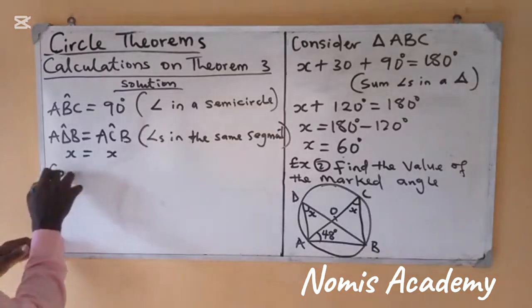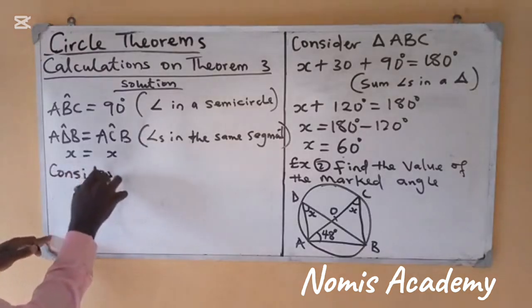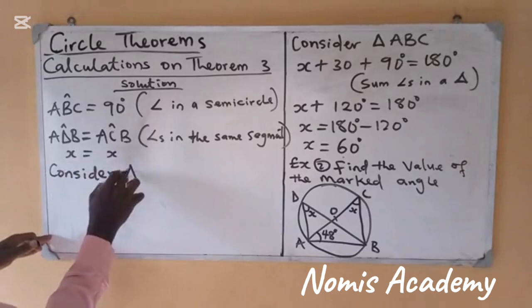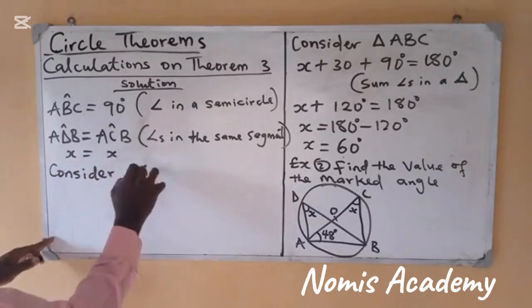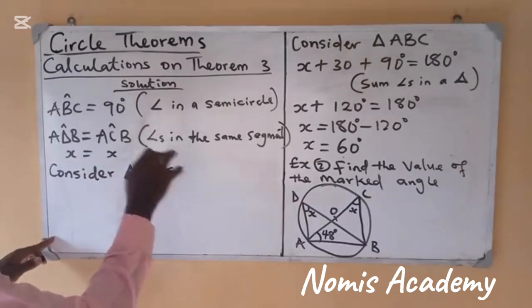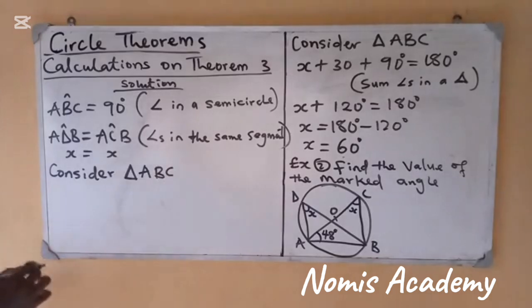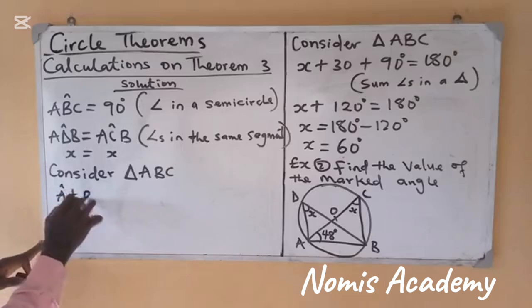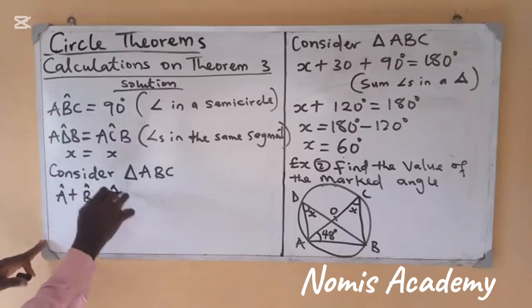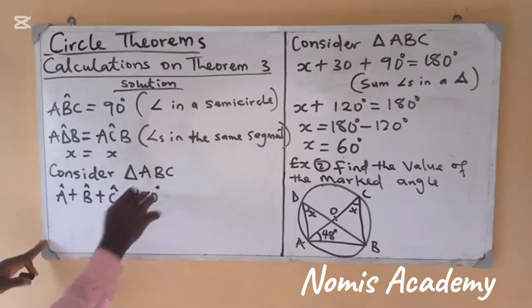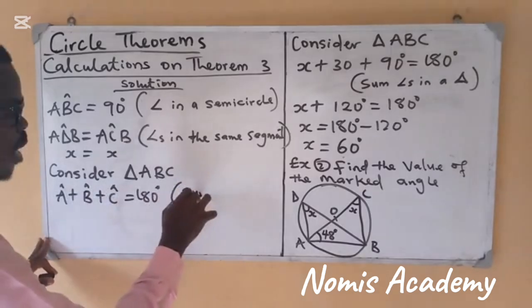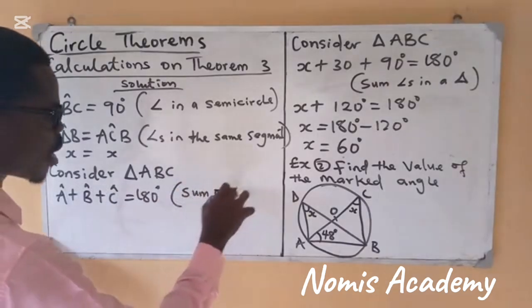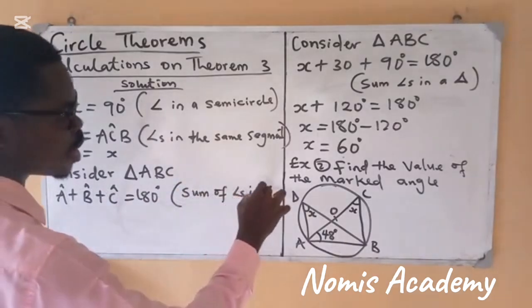So consider triangle ABC. So that is angle at A plus angle at B plus angle at C is equal to 180 degrees, which is sum of angles in a triangle.